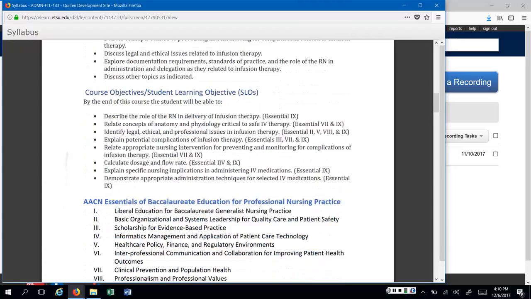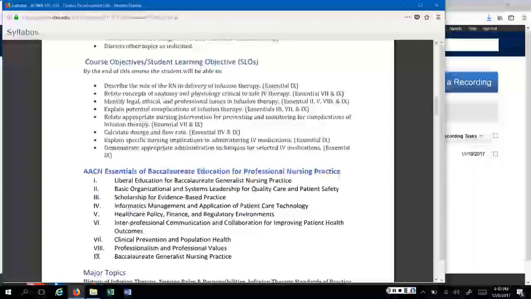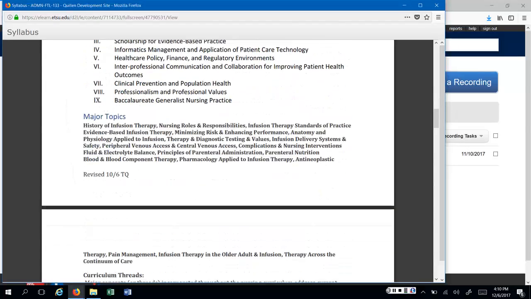So our course objectives, our student learning objectives: describe the role of the RN in delivery of infusion therapy, relate the concepts of anatomy and physiology critical to safe IV therapy, legal, ethical, and professional issues in infusion therapy, explain potential complications of infusion therapy, relate appropriate nursing intervention for preventing and monitoring for those complications, calculating dosages of medications and flow rates for IV medications, explain specific nursing implications related to administering IV meds, and then demonstrate appropriate administration techniques for selected IV medications.